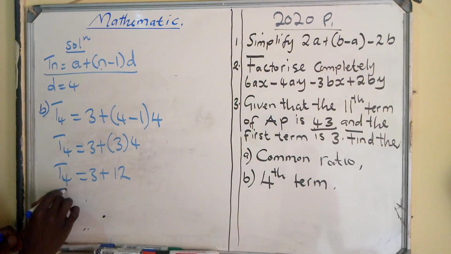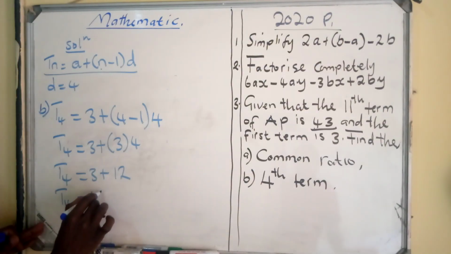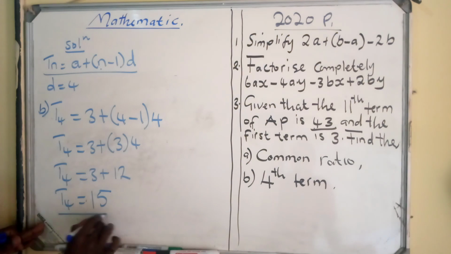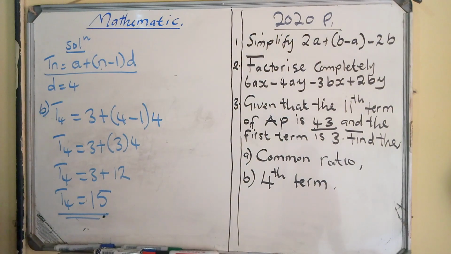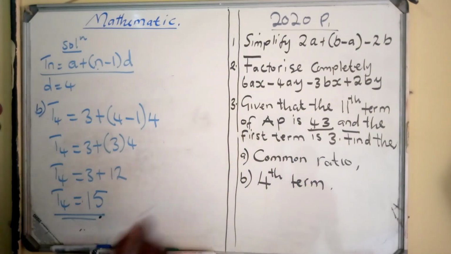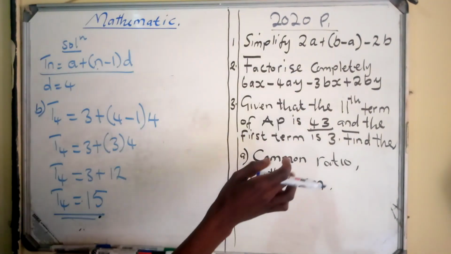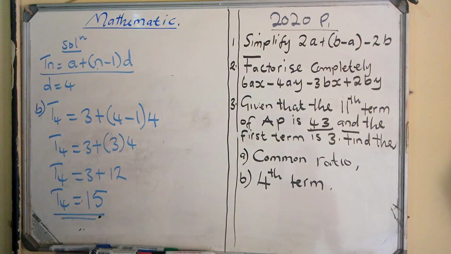And then the fourth term is 3 plus 12, we're going to have 15. So the answer for our fourth term on B is 15. The first one carries 2 marks, and this one carries 1 mark. So 2 plus 4 plus this 3, that is 7 marks. So just answering these simple questions, you score 7 marks.